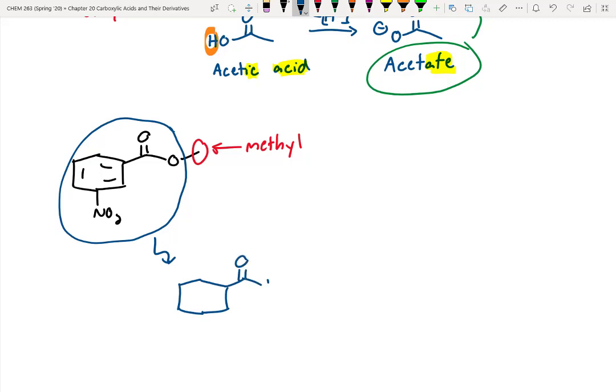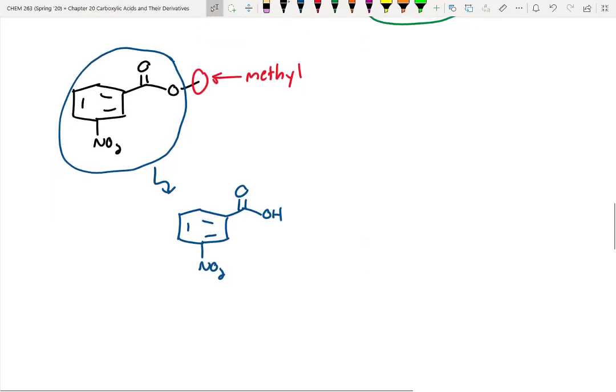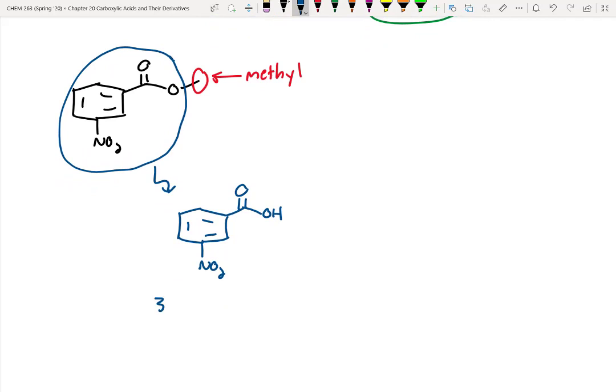So if this were a carboxylic acid and we drop that methyl group, it would look like this, right? And if we were to name this carboxylic acid, this would be 3-nitrobenzoic acid.